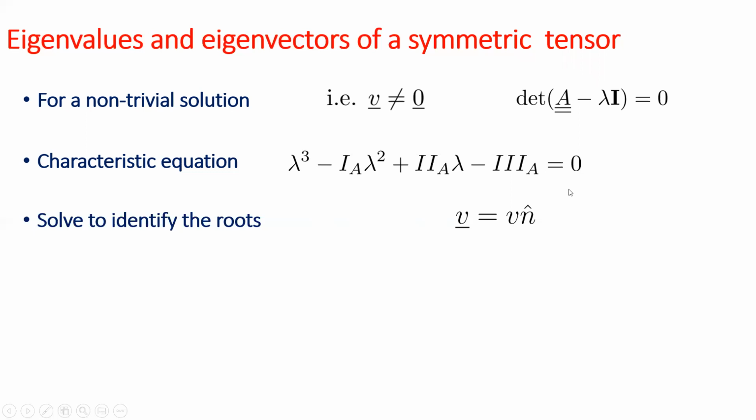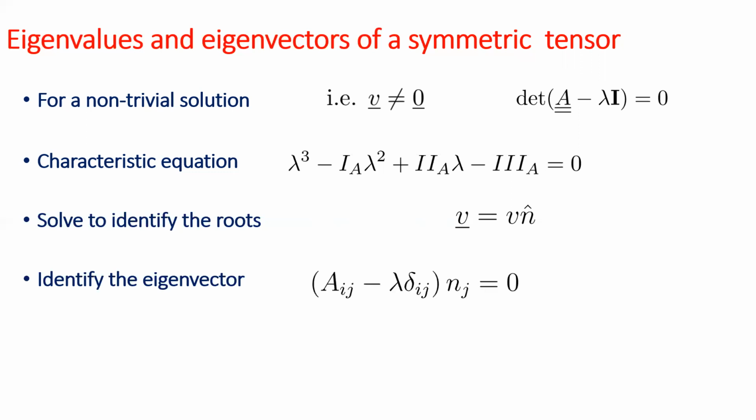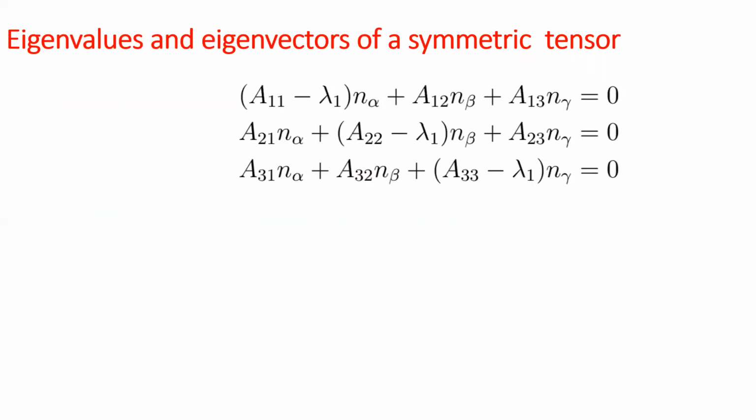In order to identify the corresponding eigenvector, let us take one particular eigenvalue. So let's say I'll pick lambda as lambda 1. Then I'll solve this expression and I need to identify an alpha, beta and gamma. So you take the first eigenvalue, which is lambda 1 here.